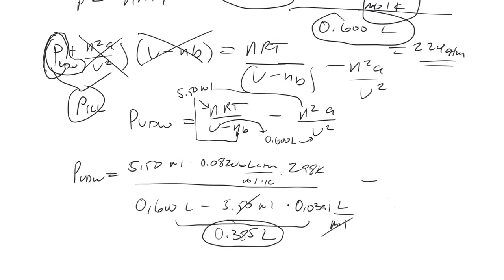Let me actually carry out this arithmetic here. So if we only corrected the free space volume problem, then you might say, well, what would the pressure be? Well, I take 5.5 times the gas constant times 298 Kelvin, and then divide by that volume.